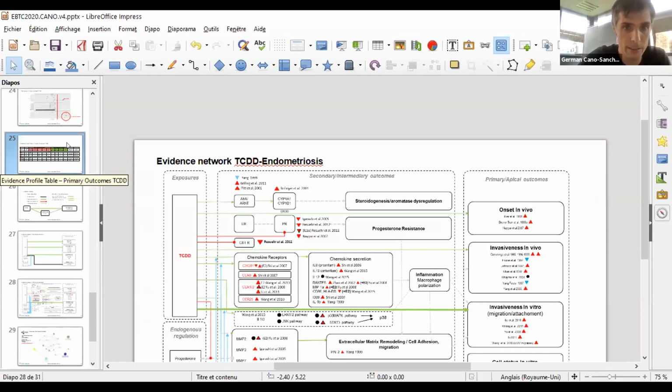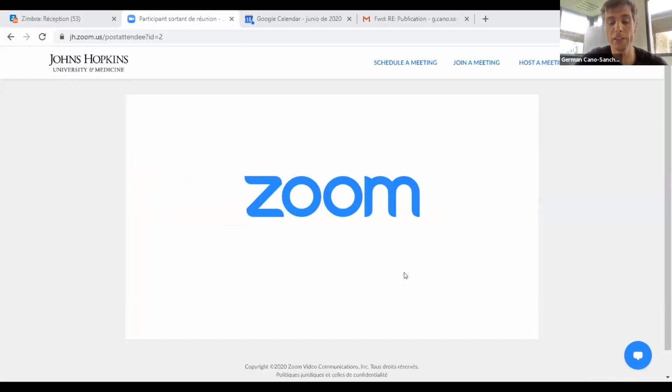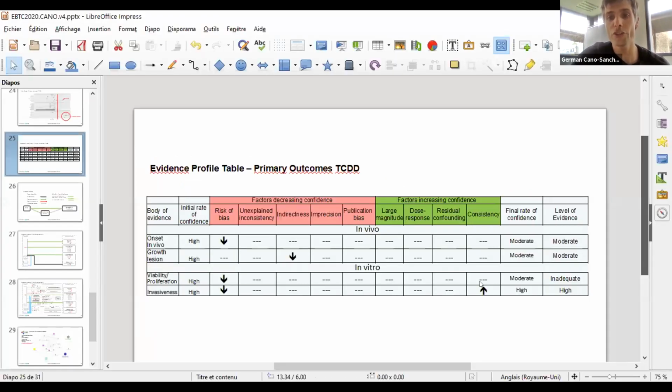Let me get this one. Is this one? Yes. So here we have in the NTP OHAT framework, we can rate both the unexplained inconsistency and consistency as upgrading and downgrading factor.